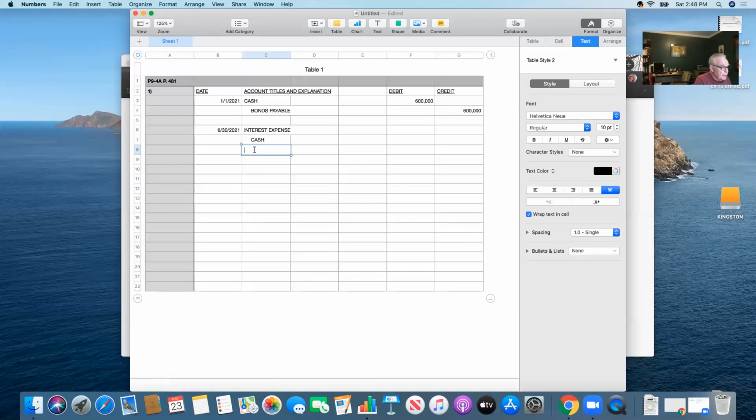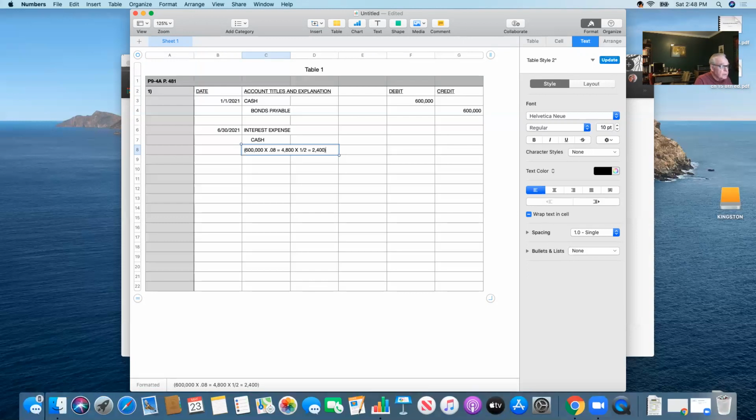The amount is $600,000 times 0.08, which equals $4,800, times 1/2 equals $2,400.